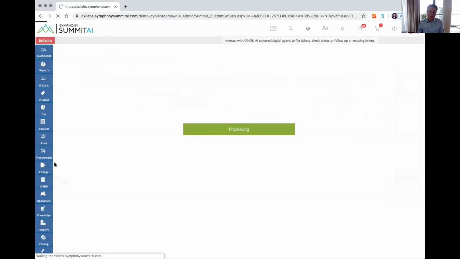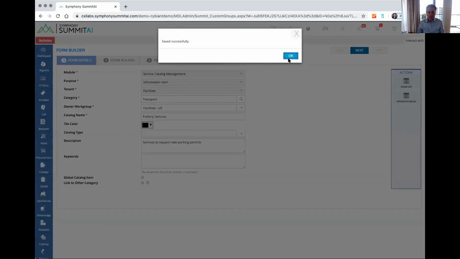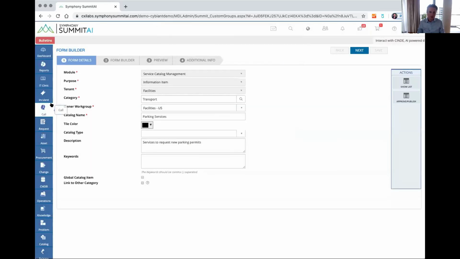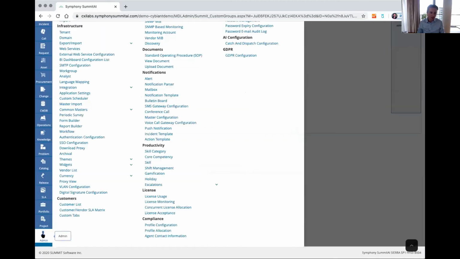So what we would need to be building afterwards is the service automation blueprint, as we've just seen. And the way that we do that is by designing a workflow. So I'll show you the workflow configuration through which we could start making the request of a parking permit.